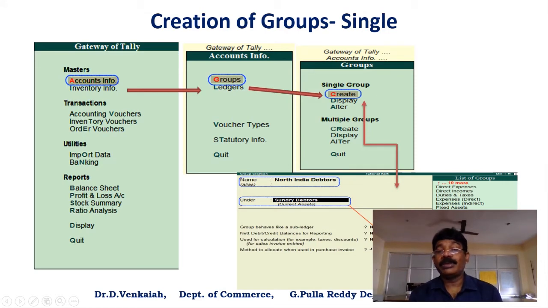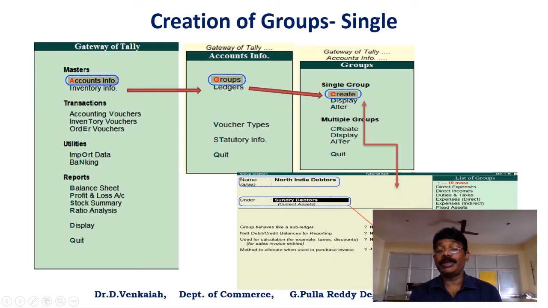Click on groups. We will find two options, single group creation and multiple group creation. Now we will learn how to create a single group. Click on create under single. Then we will find this window. The single group creation window will be like this. Name of the group, and under which main group or subgroup we are going to create it, we have to mention. Later we have to answer the information.